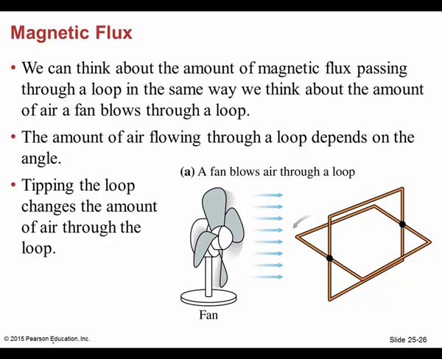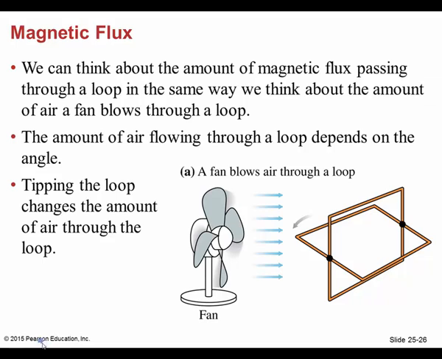Just like if you adjust the blades on a fan as to whether you want to produce a lot of air or very little air, the same applies with magnetic flux, based on either the motion of the material in the magnetic field or changing of the magnetic field.